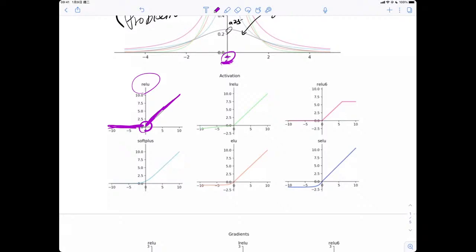For example, softplus. At the origin point, it is differentiable. There are also some other variations right here.